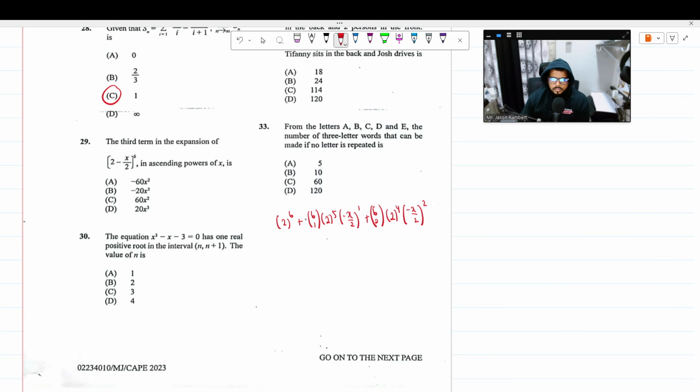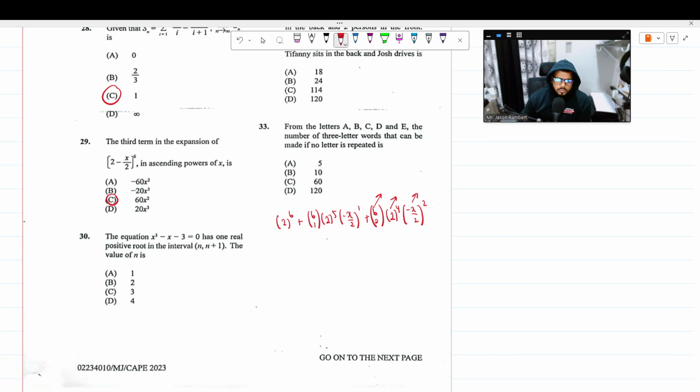So the third term, 1, 2, 3, it's going to be an x squared term. So it's either a or c. Let's check and see if it's a positive x squared or a negative x squared. This will be positive, this will be positive, and this squared will be positive. So it's a positive x squared, so the answer is C.